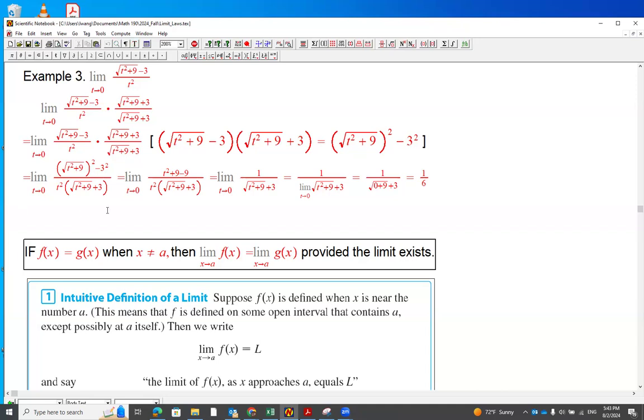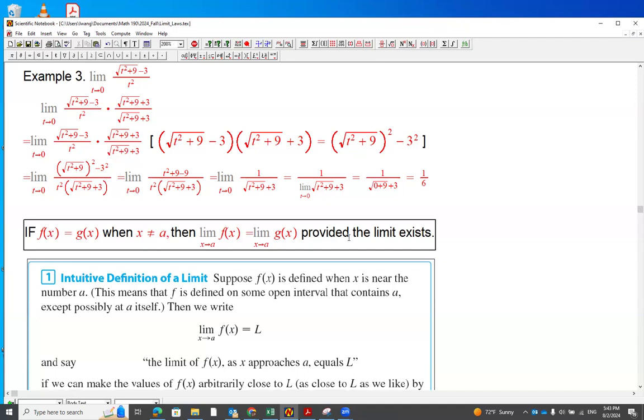So we used the definition of limit, and we have used the limit laws. All right, that's all for this lesson.